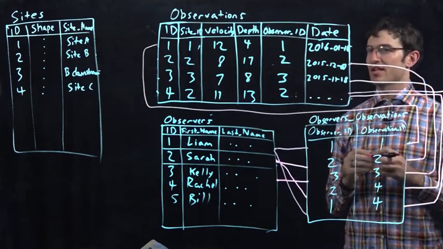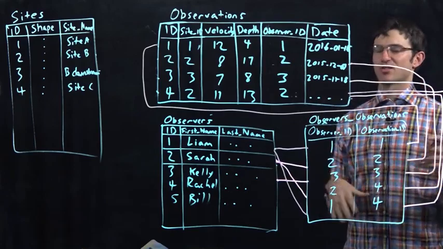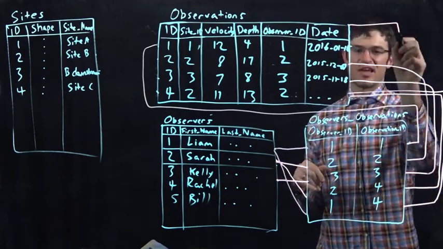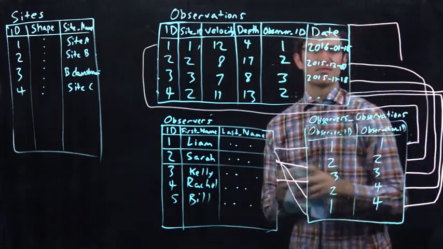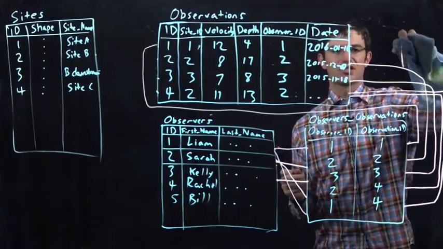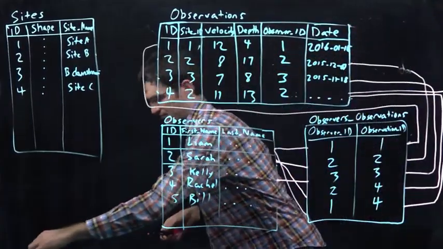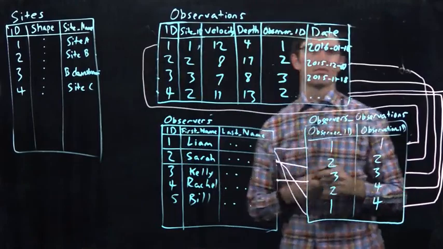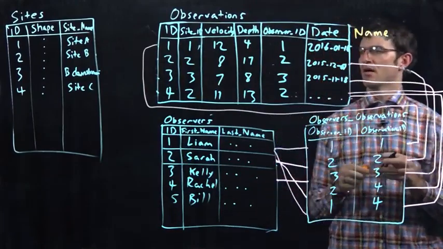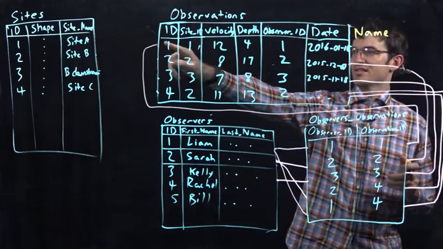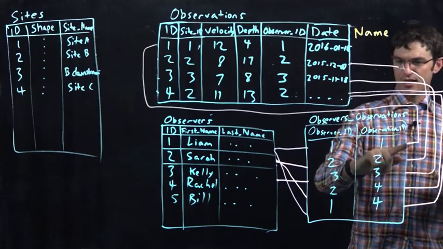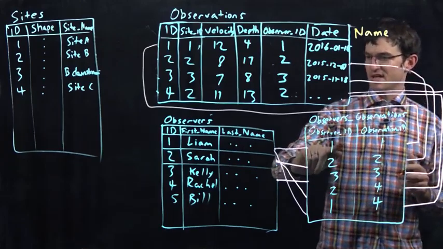So let's really quickly just trace that out as to what it would look like visually once you joined it, and kind of add this phantom name field to the end here. And we'll just do it for these top 2 records. So observation 1 traces all the way over here to this record, and then we get observer ID 1, and that's Liam.